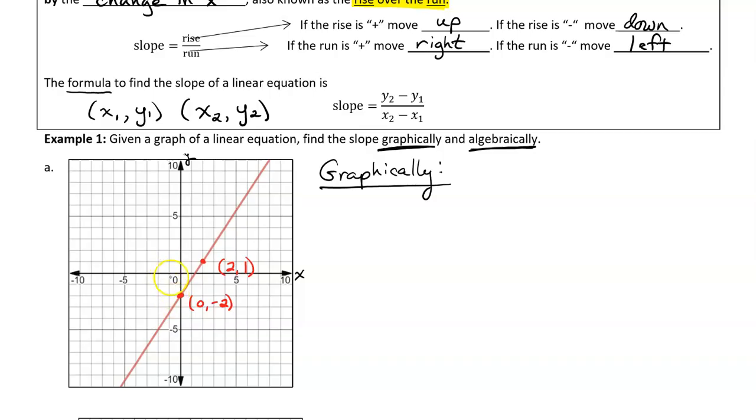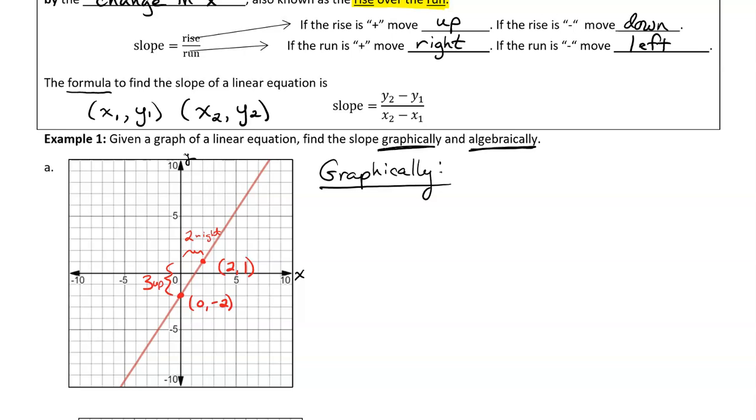My rise is the up and down movement. My run is left and right. So from this ordered pair, I'm going to see how many units up I'm going to have to reach in order to get to that second point. From here to here, it looks to be 3 units up. Then I'm going to look to see how far to the right or left, depending on the direction of my graph, but in this case it's right. How am I going to have to move to make it to that point? And that looks to be 2 to the right.